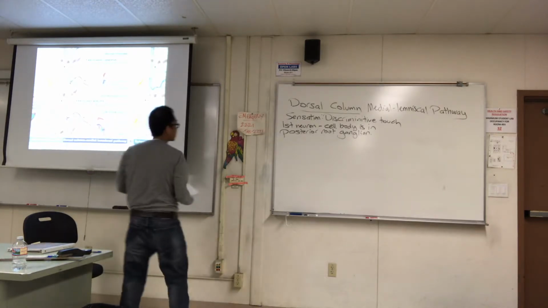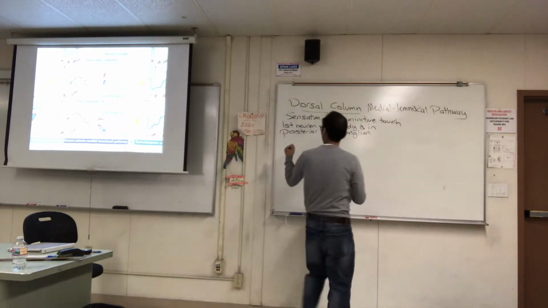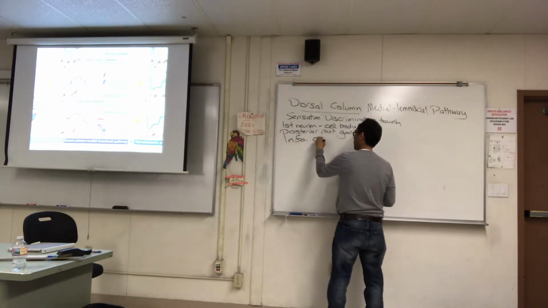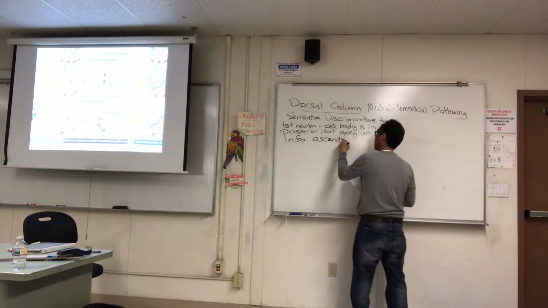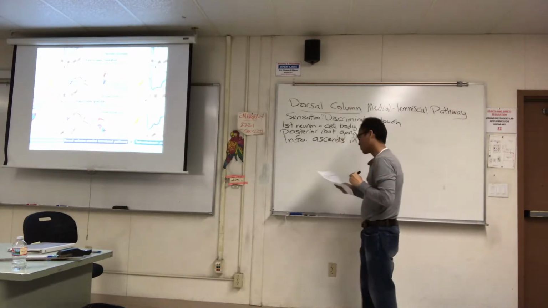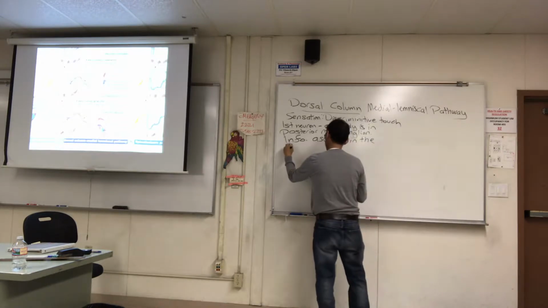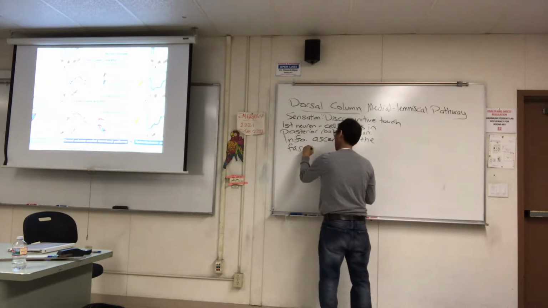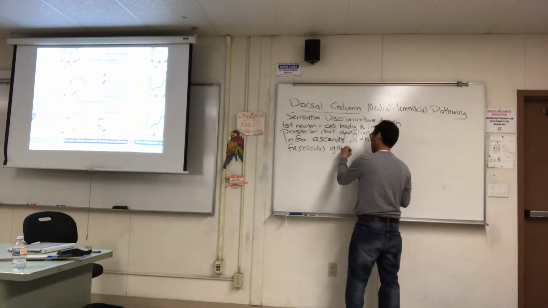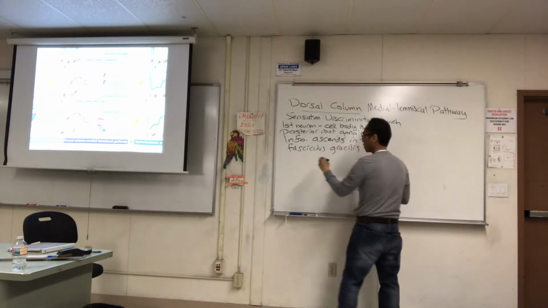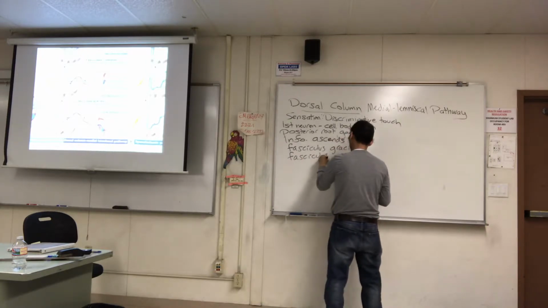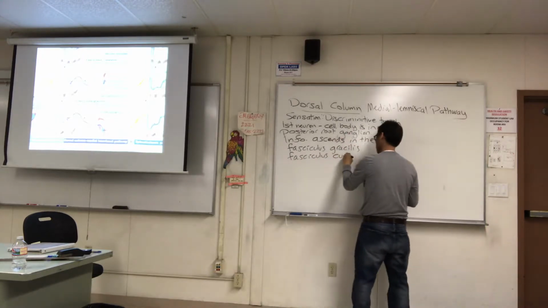So, still in the first neuron, I'm saying info ascends in the fasciculus gracilis or fasciculus cuneatus.